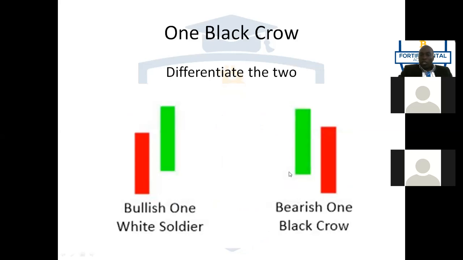Usually in an uptrend, the price is going up, then that bullish candlestick closes, and the next one opens, sort of skips and opens far below the last closing. So you see that gap, the price goes down, and you know this is one black crow. One black crow is bearish, and you expect to see it in an area of resistance.